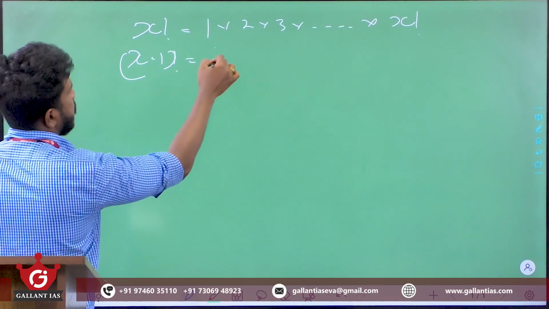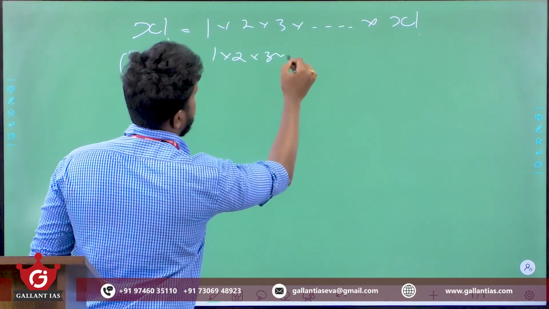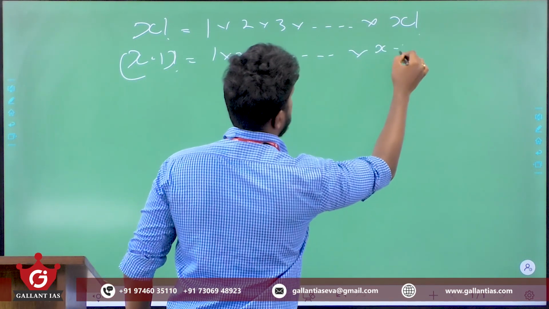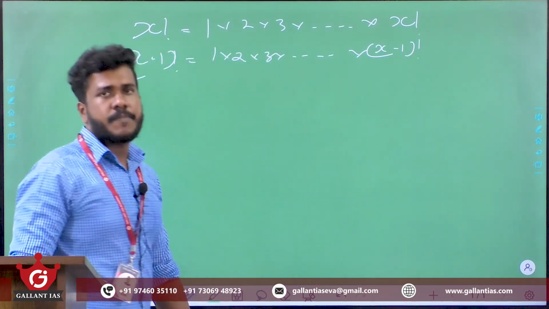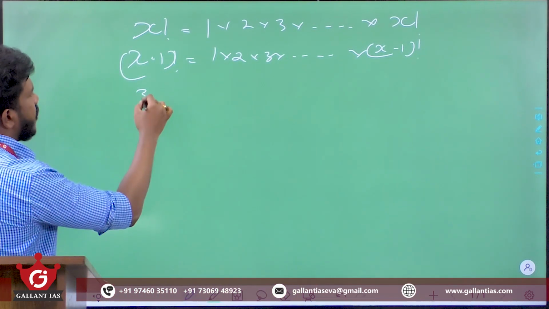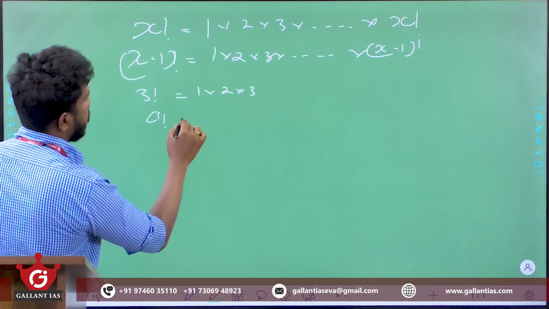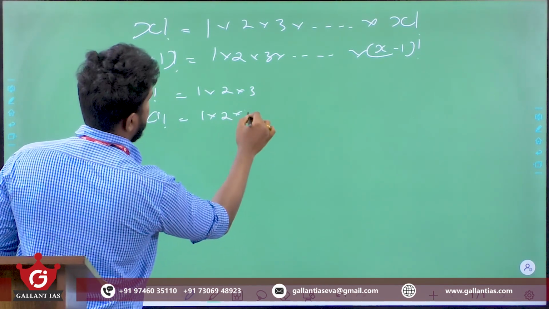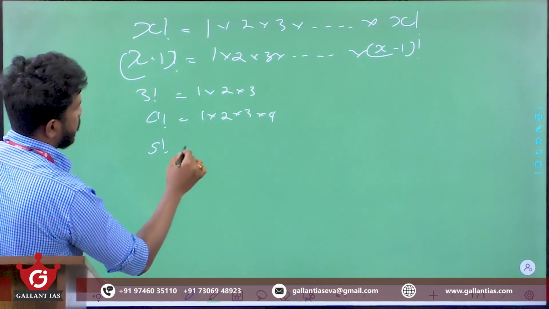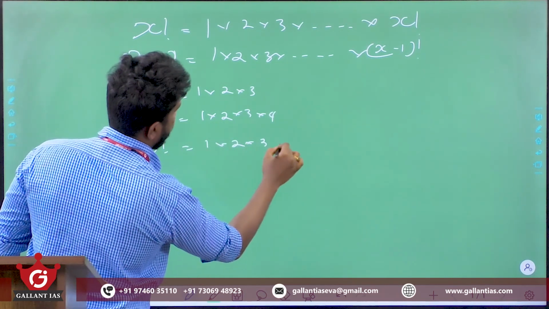It is 1 into 2 into 3 into etc. up to x minus 1. I think you all know the concept of the factorial, right? For example, 3 factorial means 1 into 2 into 3, 4 factorial is 1 into 2 into 3 into 4, and 5 factorial means 1 into 2 into 3 into 4 into 5.